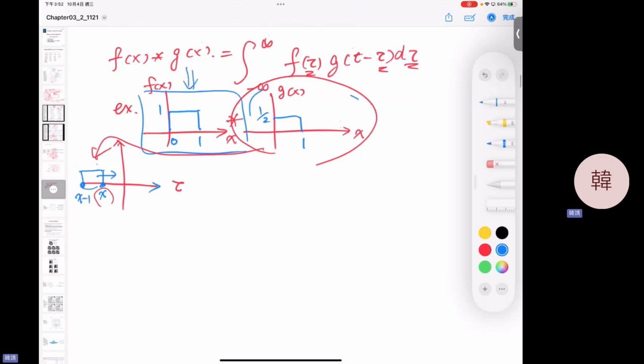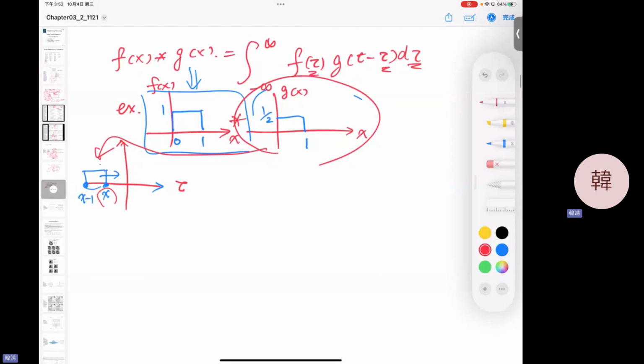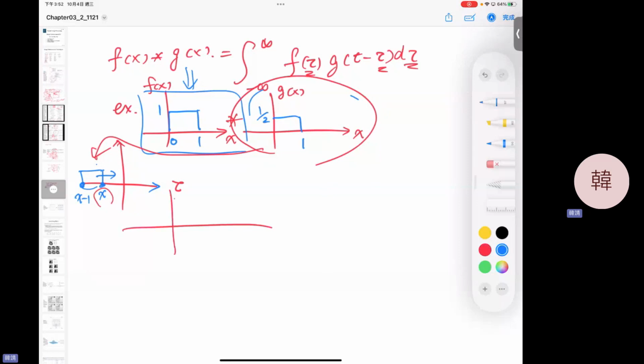We call it convolution. So you rotate and then move from left to right, until your signal hits here. This is x. This is x minus 1.